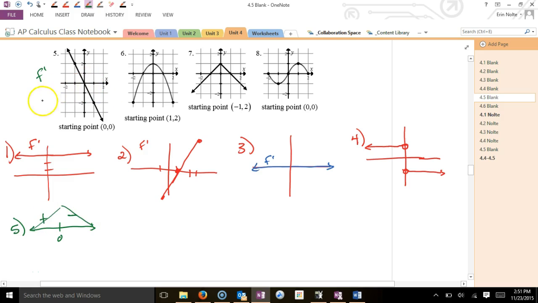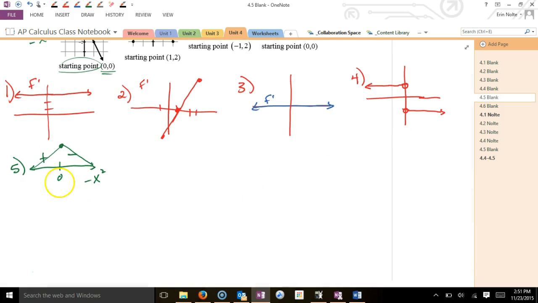Since the derivative is kind of a negative x, remember when you go to the original, you add 1 to the exponent. So I know my next one is going to be a negative x squared. I have a maximum at 0. And since I have a starting point at (0, 0), I can be a little more precise in my graph. I can say exactly at (0, 0), I have a negative parabola.